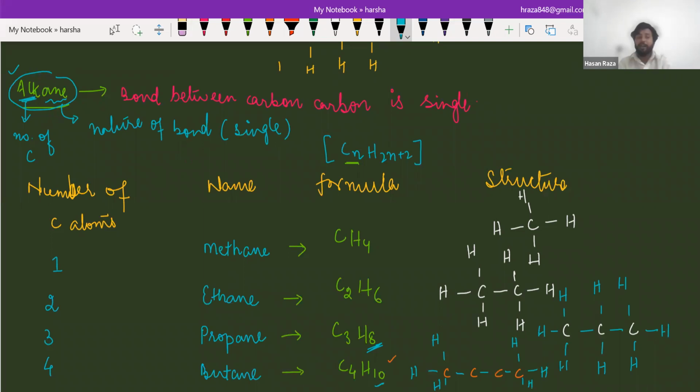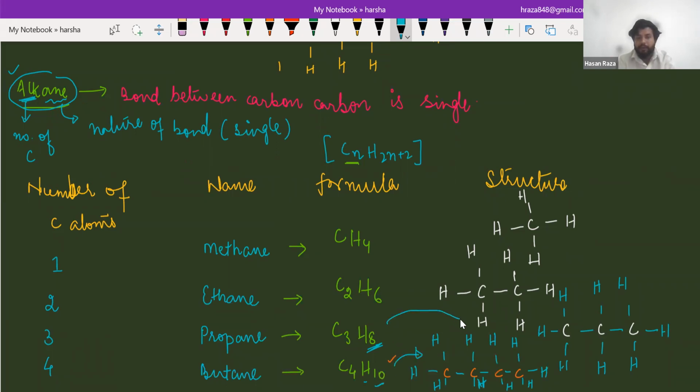We just distributed 6 hydrogen, so now we have 4 hydrogen left. So we are going to give 2 hydrogen to this carbon and 2 hydrogen to this carbon. So it's very easy.